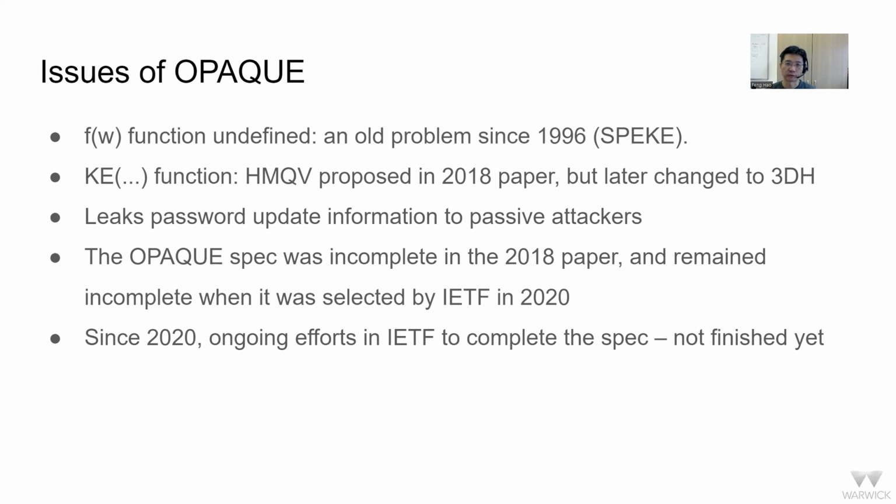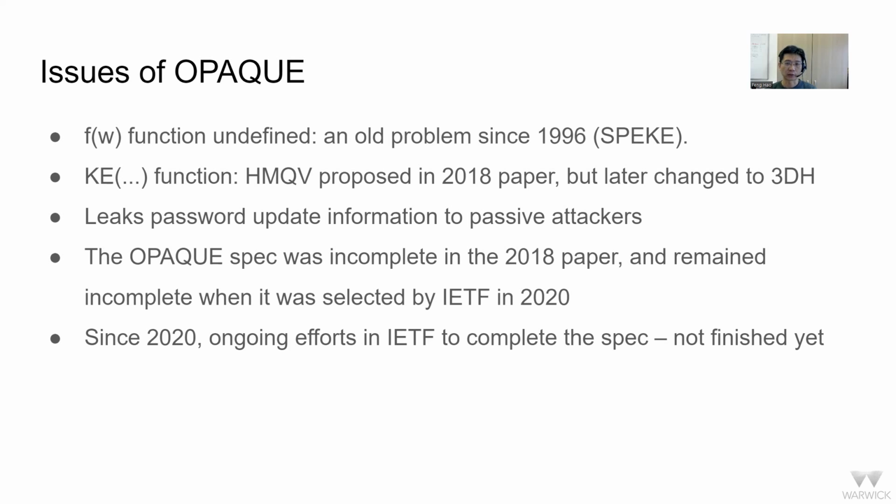As a trade-off for pre-computation security, there are a few issues with OPAQUE. The first one is it relies on this mapping F function, and it's non-trivial to implement this F function. We already know that since 1996. And the second, it also relies on a key exchange function.